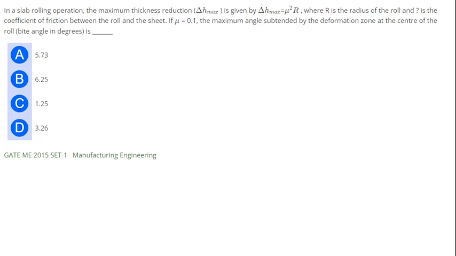A. Yes, A is correct. You can use any formula to solve this question. Let's read this question. In a slab rolling operation, the maximum thickness reduction delta H max, the formula is already given, is mu square r, where r is the radius and mu is the coefficient of friction between the roll and sheet.